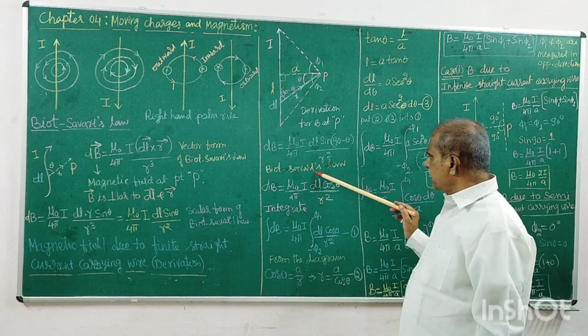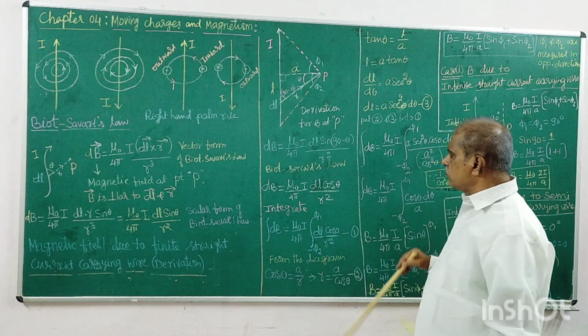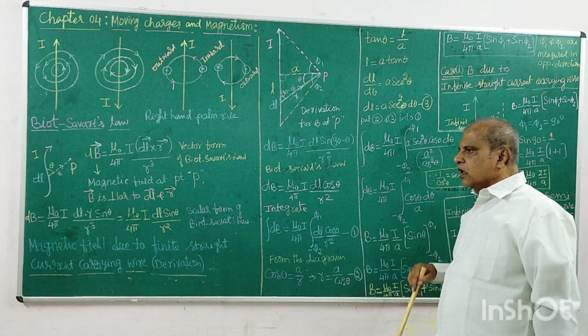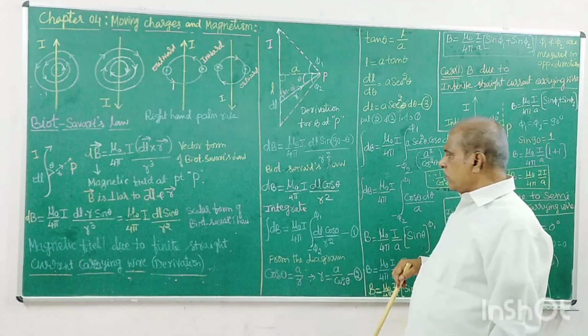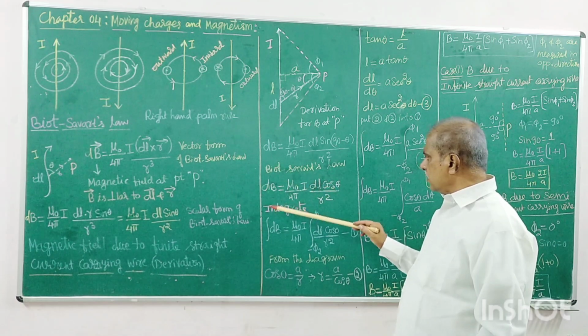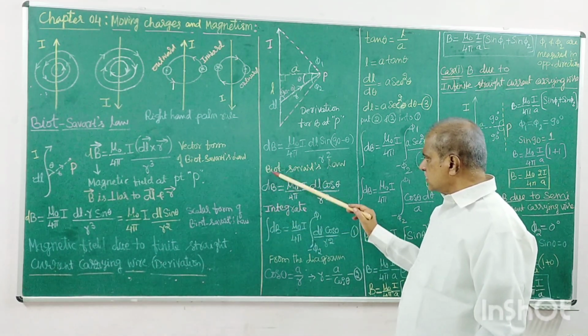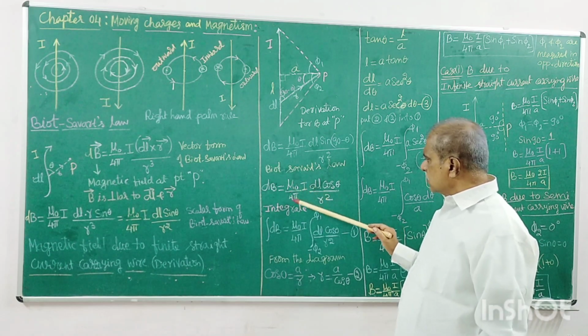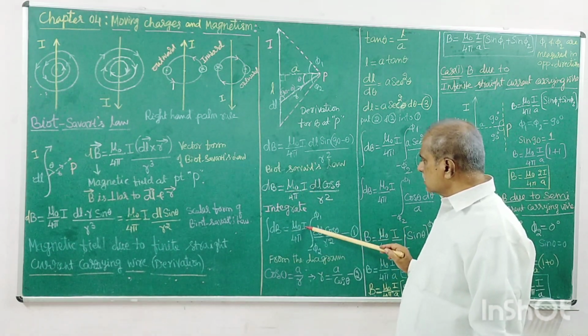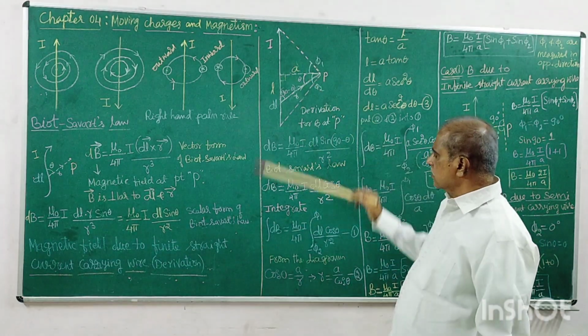That is the differential form. I want the integral form for finite values. Integrate the equation, left hand side and right hand side. I is a constant; assume I is constant in the conductor.